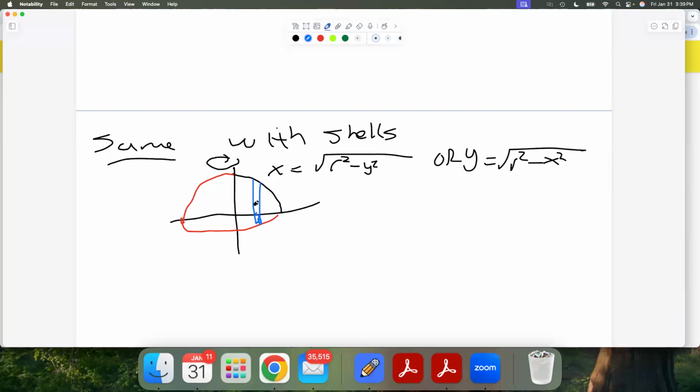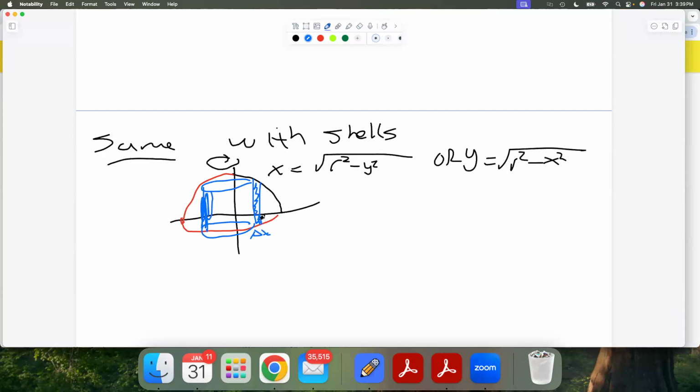So I pick some rectangle, some delta x there that's getting rotated around, so it's going to live like this. We're building up shells again, like Russian nesting dolls that start here at the beginning. We'll have really skinny, tall shells, and as we go out, we'll end up with short, fat shells.